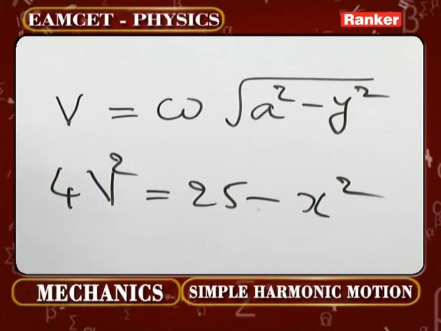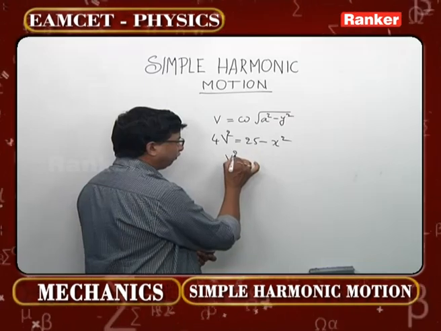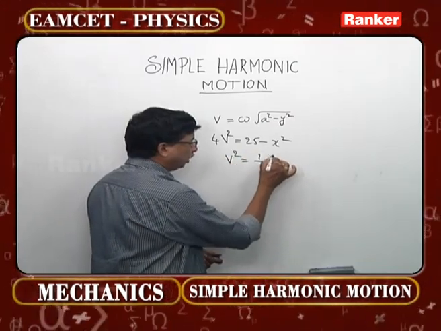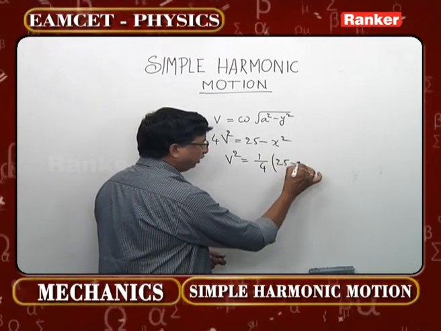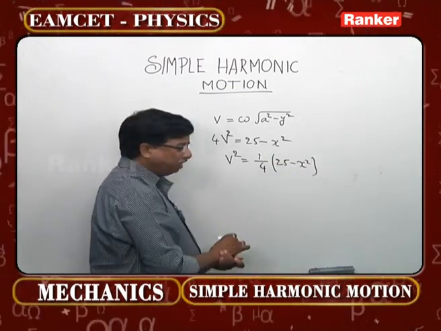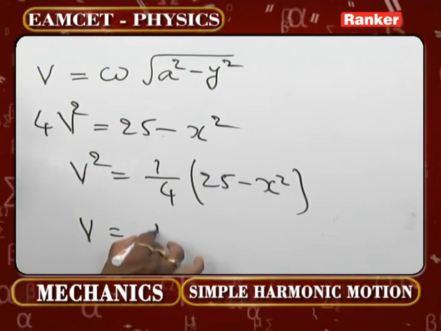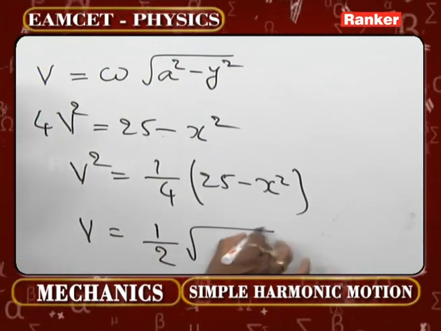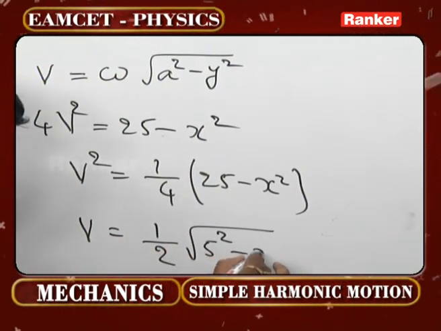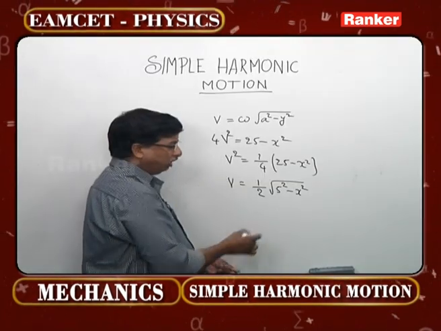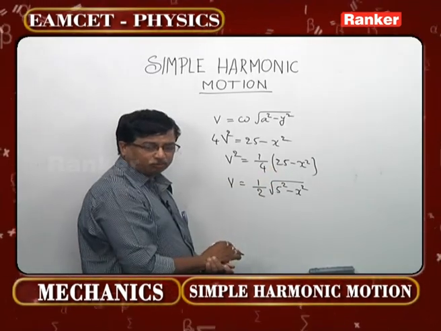That is the equation given. So let us write first of all v square is equal to 1 by 4 times 25 minus x square. This v now can be written as 1 by 2 root of 5 square minus x square. In fact, that 25 can be written as 5 square.